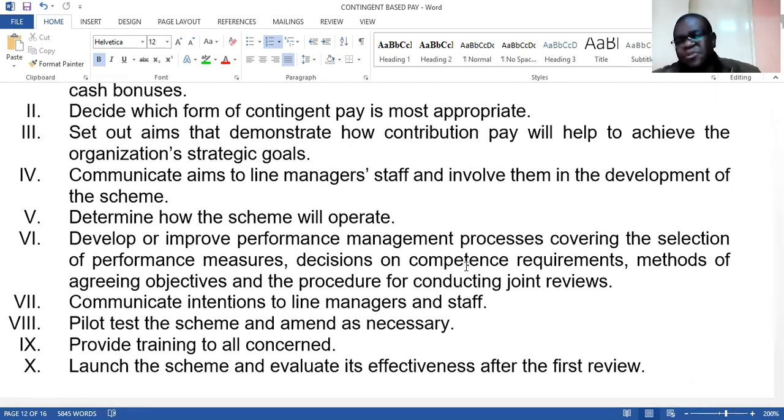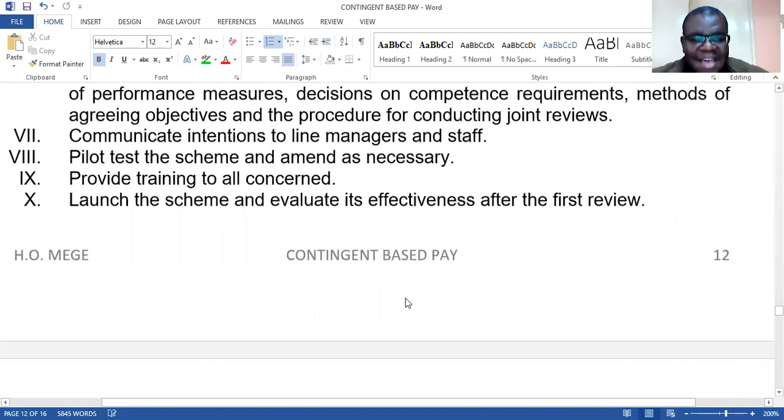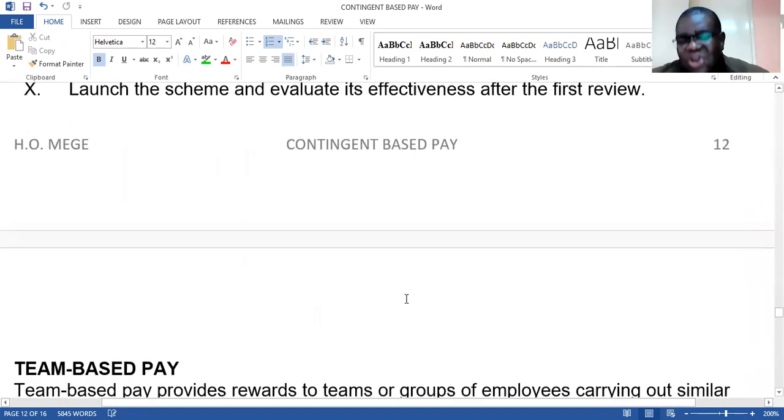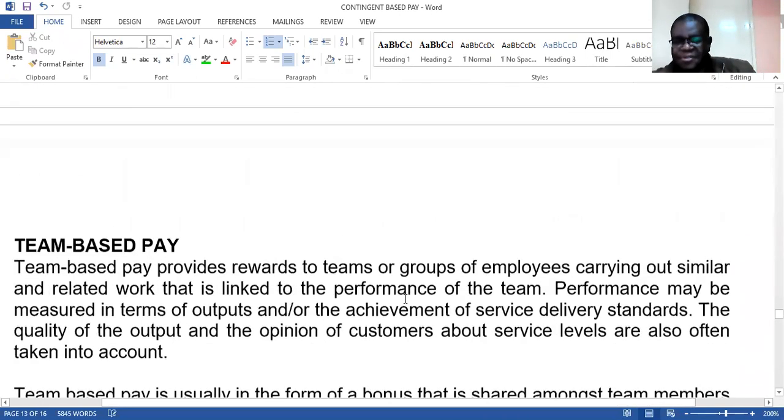Set out to demonstrate how you will assess contributions and reward. Communicate the aims to the managers, staff, and the people involved. Determine how the scheme will operate. Develop a performance management process. Communicate the intention to line managers and staff. Pilot test the scheme, train, and then launch the scheme. You do that, you get it right with individual-based PRP schemes.